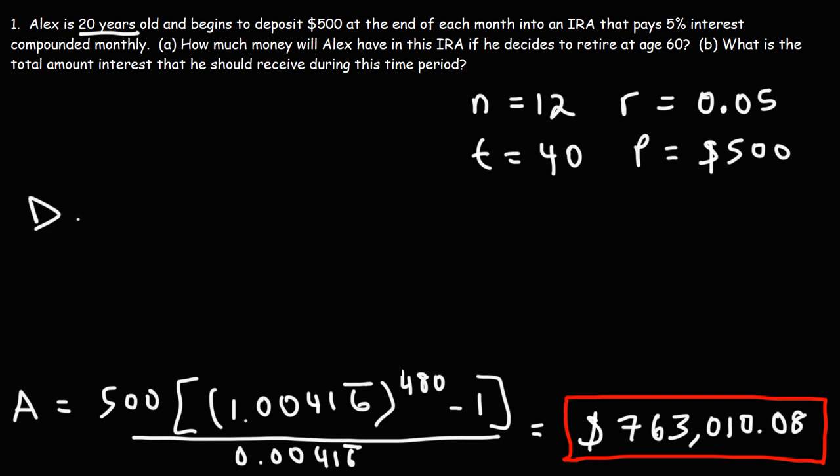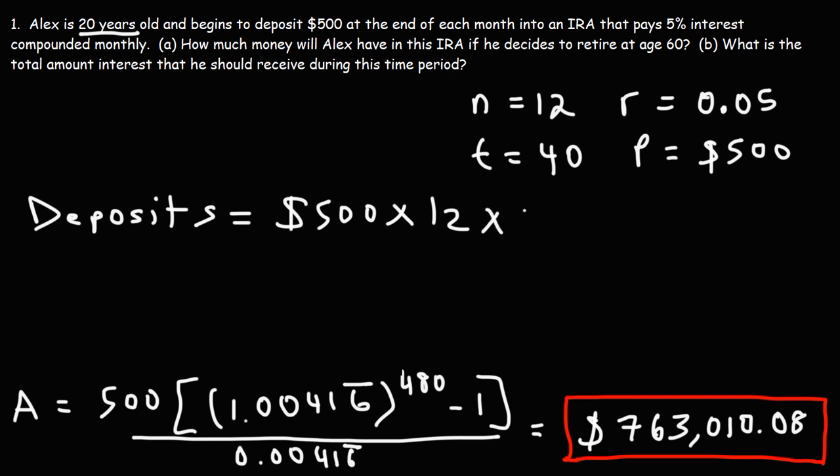The total deposits will be the value of each deposit made per month times 12 months, so that's how much he puts in 1 year, and then times 40 years. So over the course of 40 years, he's going to put in $240,000 into this account.